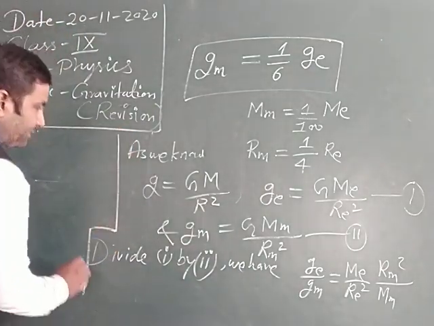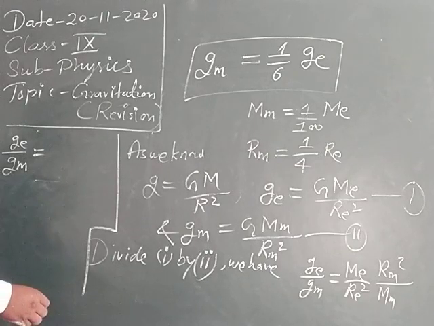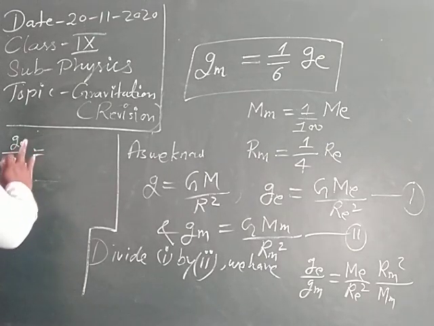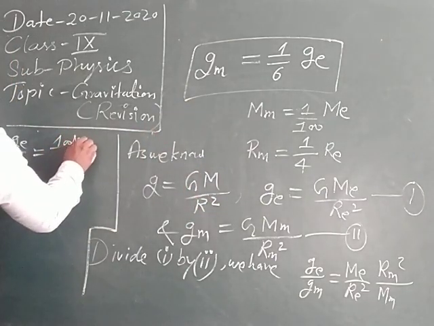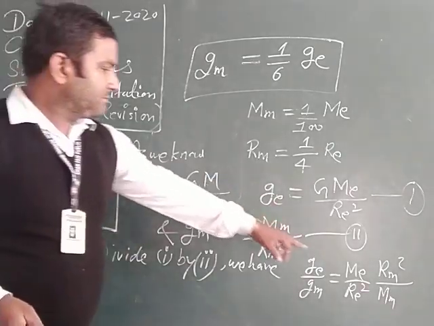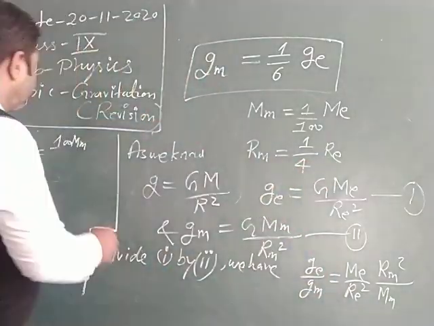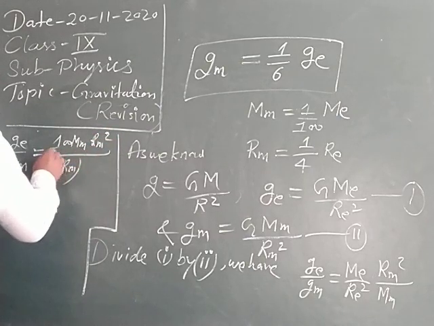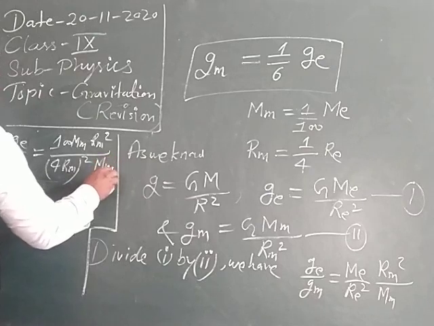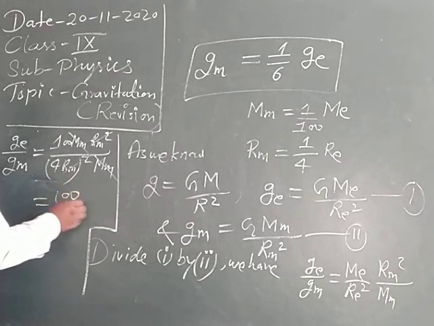See here in this portion, Ge upon Gm is equal to Me, which is 100 Mm, upon Re square. Rm will be the same, but Re will be 4 Rm, so 4 Rm square, and here Mm. So Mm cancels out, Rm cancels out, then 4 square is 16. 100 upon 16.